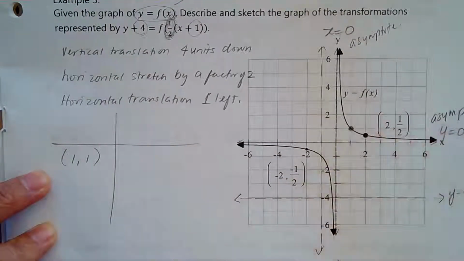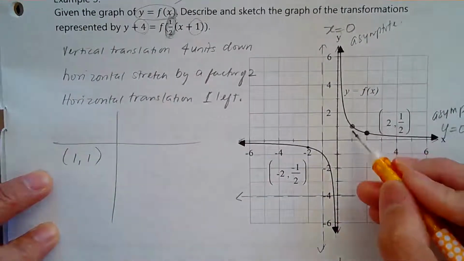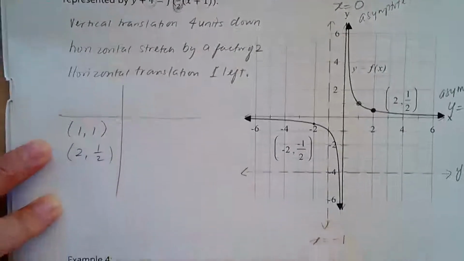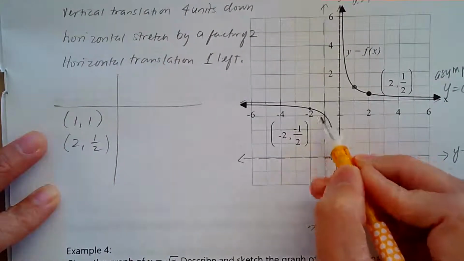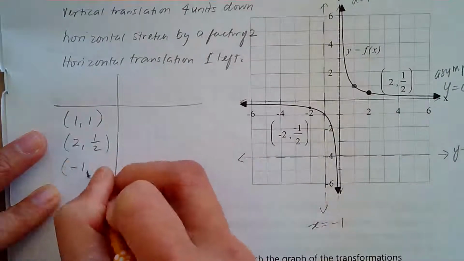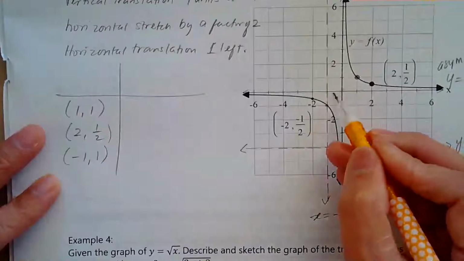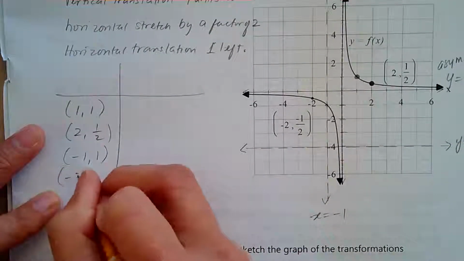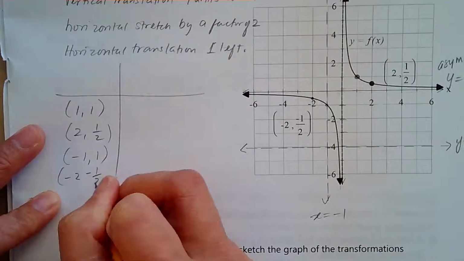Even though it's not kind of given there, it's 1, 1. And the other one is 2, 1/2. The next one was -1, -1. And the other one is -2, -1/2.